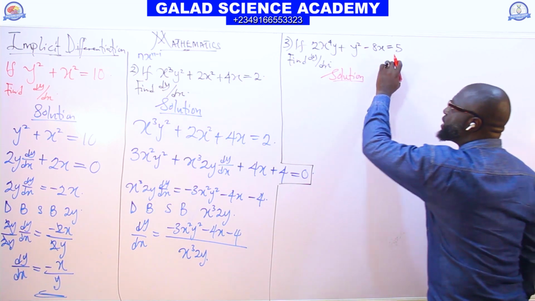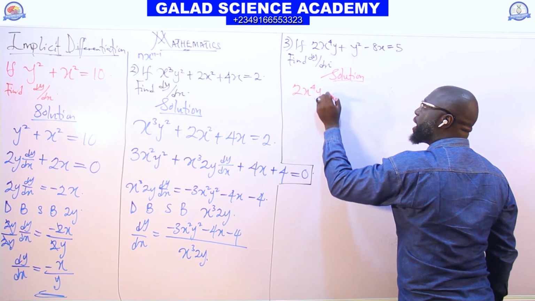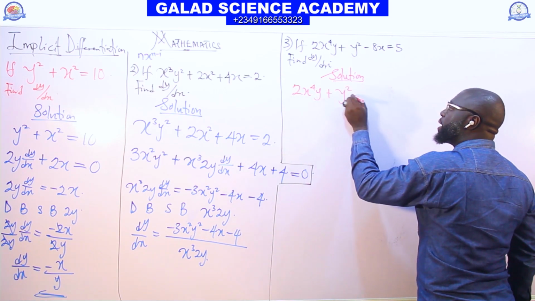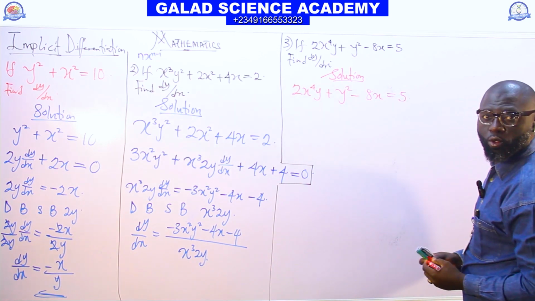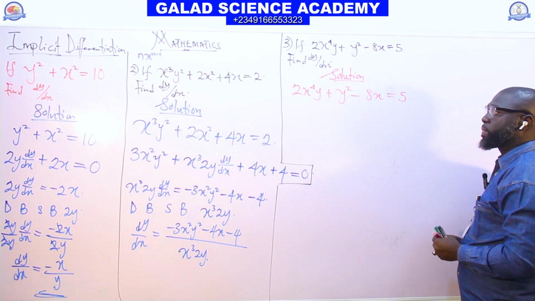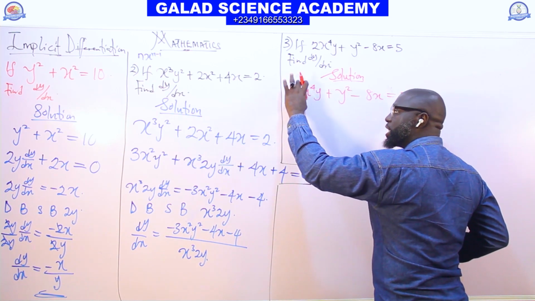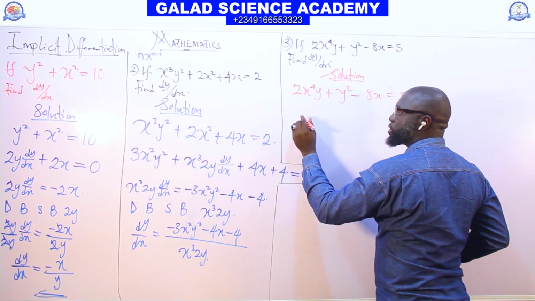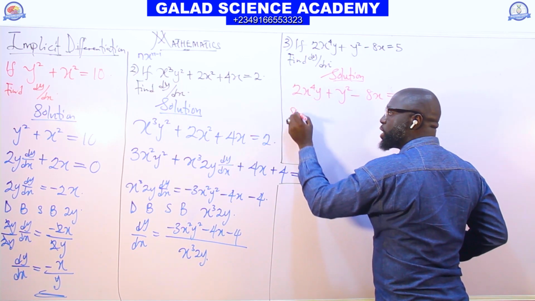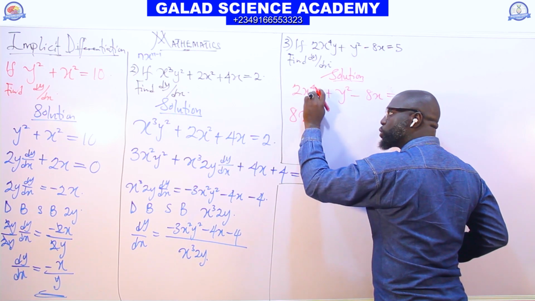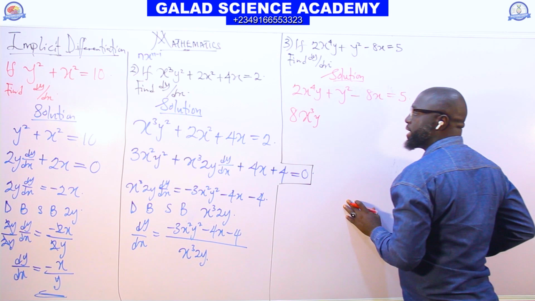The question given is this: 2x exponential 4y plus y squared plus 8x equal 5. Good. So what we do now is implicit differentiation. Differentiate 2x exponential 4 first. 2 times 4 is 8, we have 8x minus 1, which is x cubed, times y.